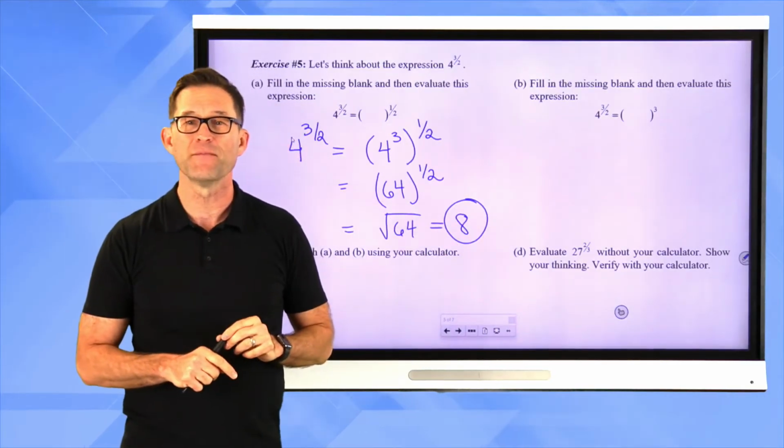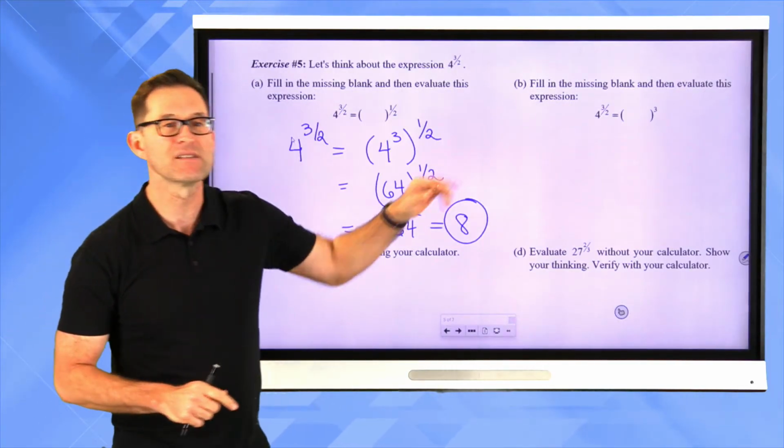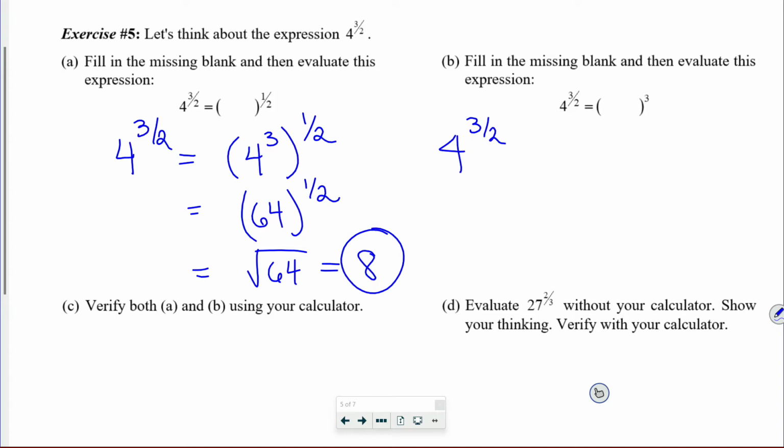Let's take a look at that. Fill in the missing blank and then evaluate this expression. 4 to the 3/2 equals blank to the 3rd, right? Well, again, because it's a little bit small, let's do this together. 4 to the 3/2 can be thought of as 4 to the 1/2 to the 3rd, right?